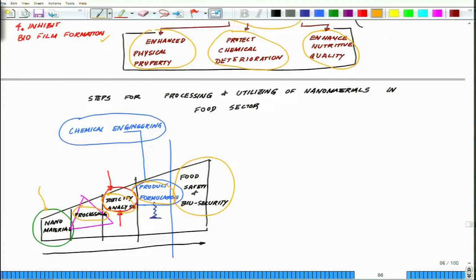Now, what are the areas where this whole thing could be used?